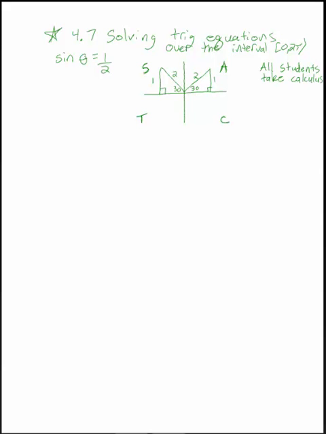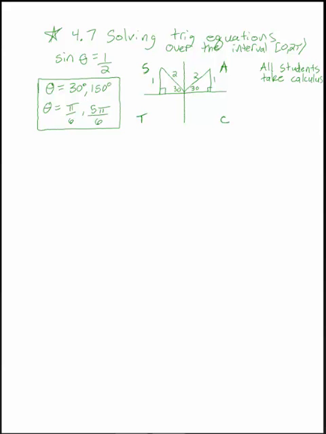So that means my two answers here for theta are 30 degrees and 150 degrees. And in radians, that would be pi over 6, or 5 pi over 6. So there's two answers, and I just wrote the answers in both degrees and radians there.